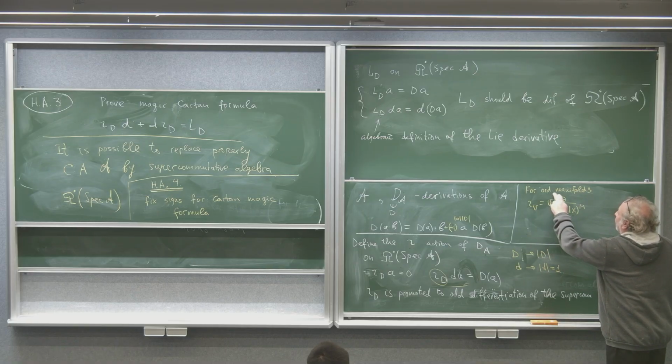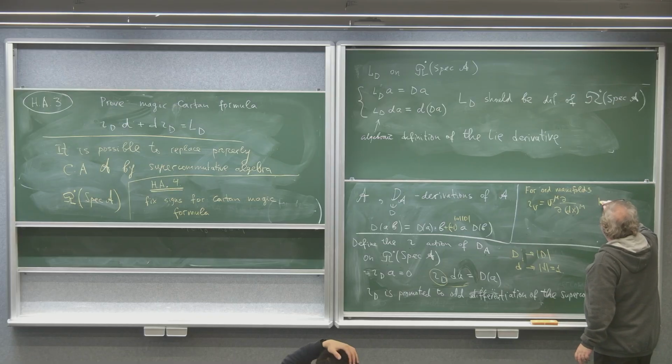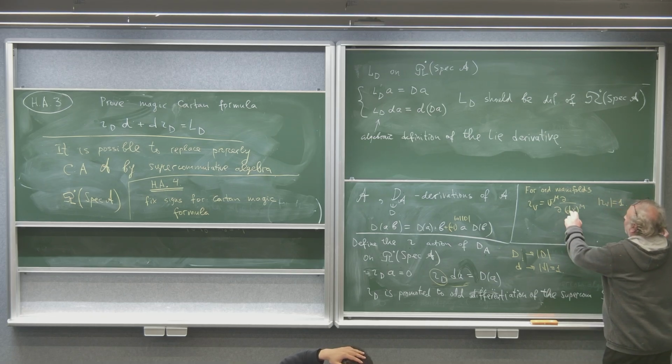So that's why for ordinary manifolds, the parity of iota_v is 1 because of this d.